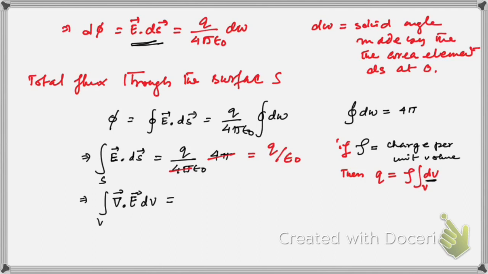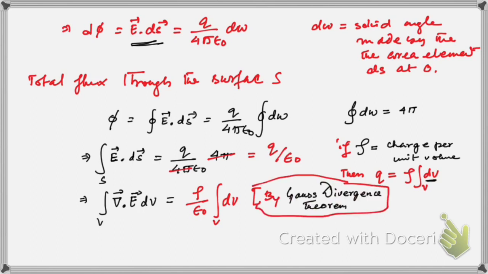So then here we can write rho by epsilon naught volume integral dV, right? So this implies, by the Gauss divergence theorem, right? From this step to this we have obtained by applying the Gauss divergence theorem, right? So here you see the volume integral on the left hand side and right hand side are the same, so the integrands must also be equal, right?